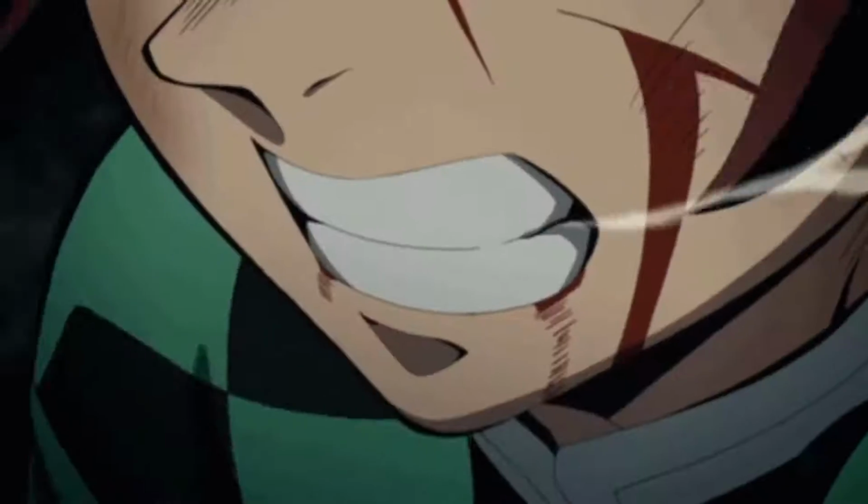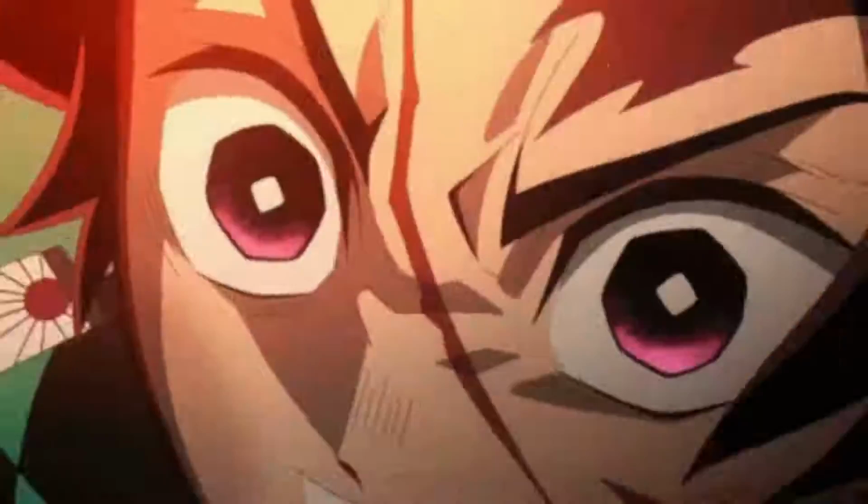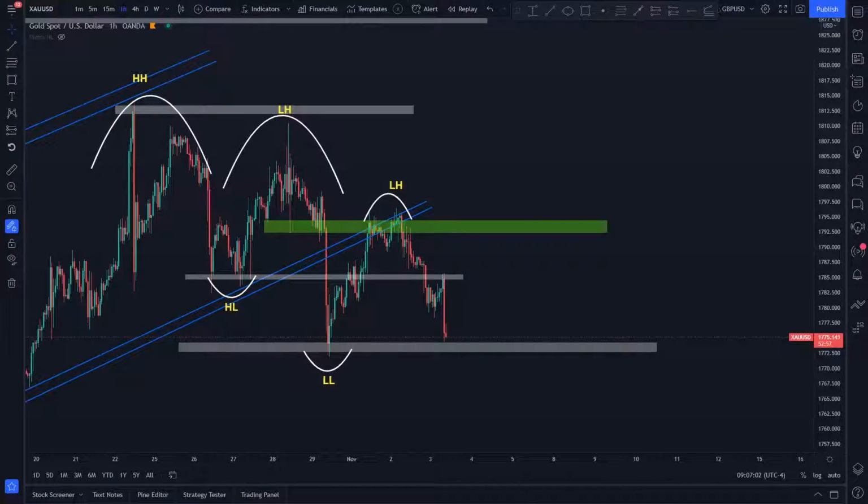If you're talking about this one, this is Demon Slayer, and I'm surprised you don't know about that. If you're an anime watcher, that was one of the best animes of the year for 2019. It used to be.